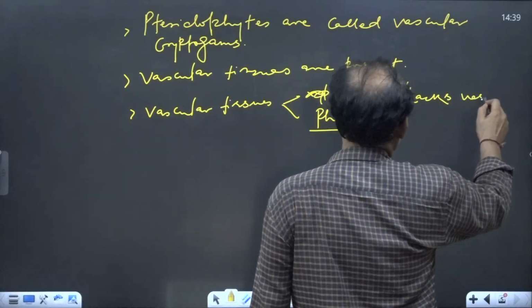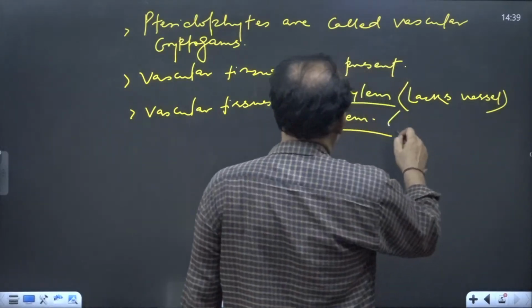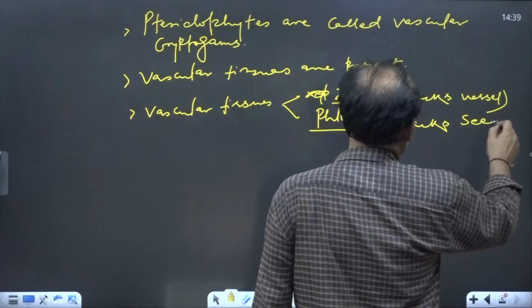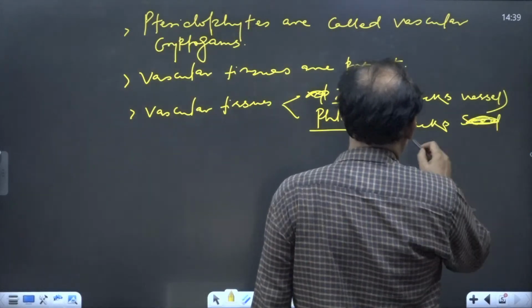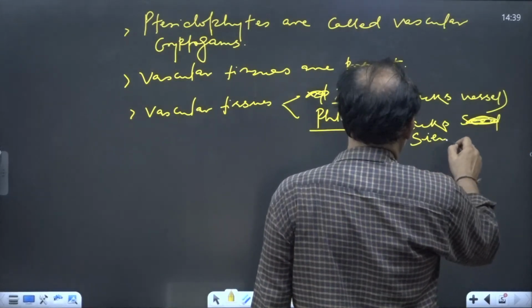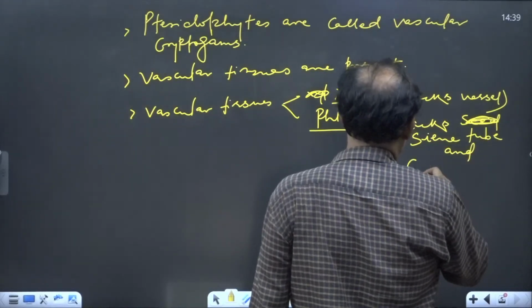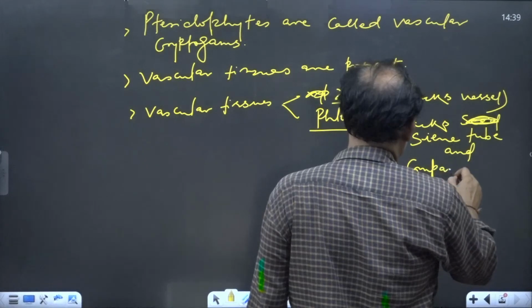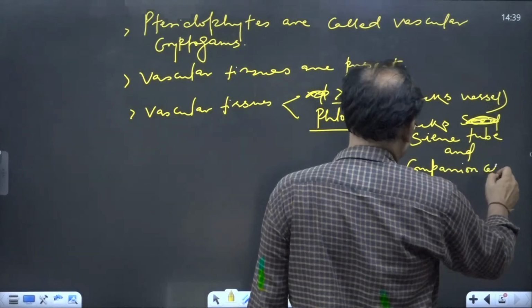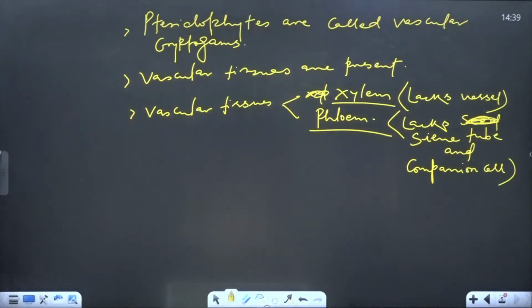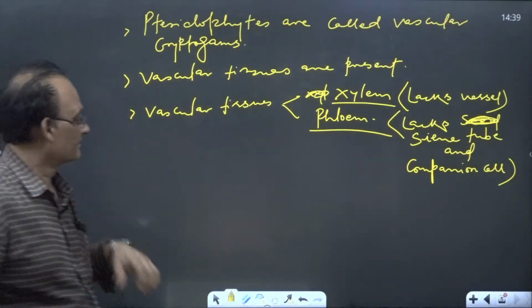Vessel नहीं होता इसमें. और in case of phloem, it lacks sieve tube and companion cell. इसमें sieve tube and companion cells are absent.